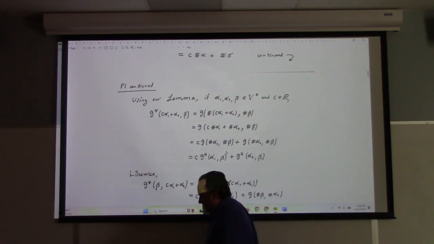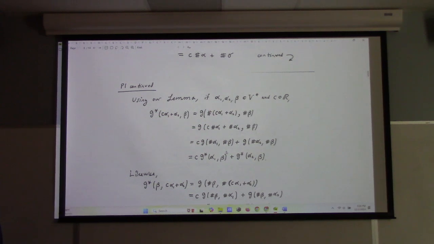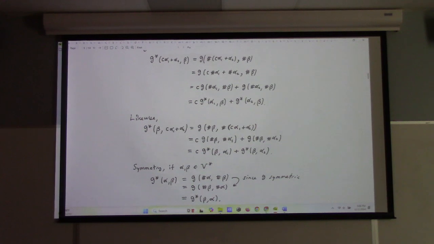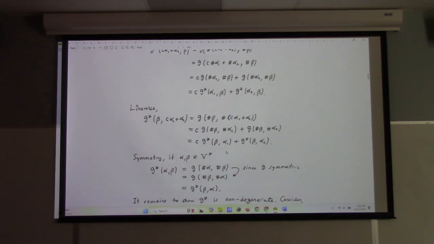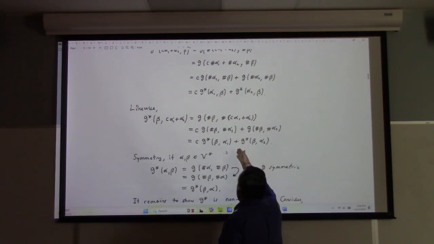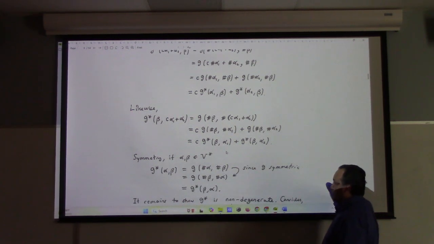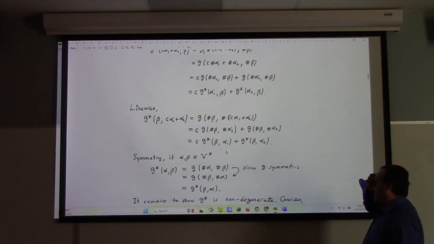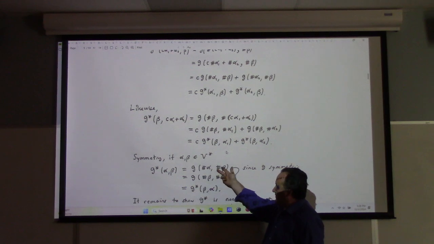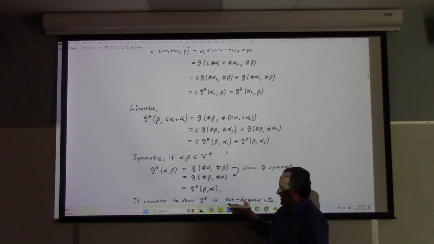My bad. I must have been very sleepy when I wrote this. Anyway, so there you've got linearity in the other component. And then, of course, symmetry follows pretty much immediately from the symmetry of the metric.